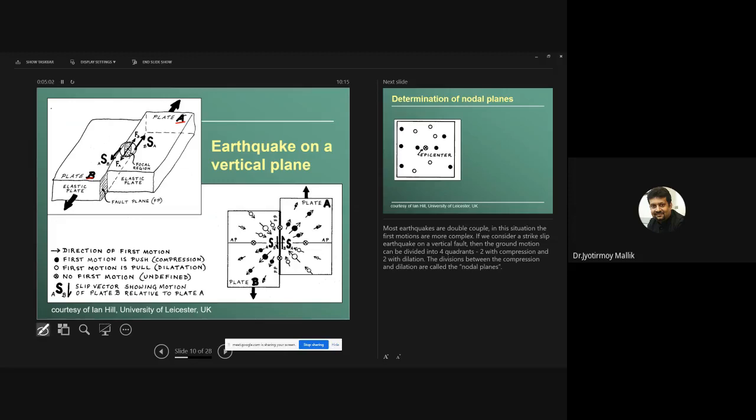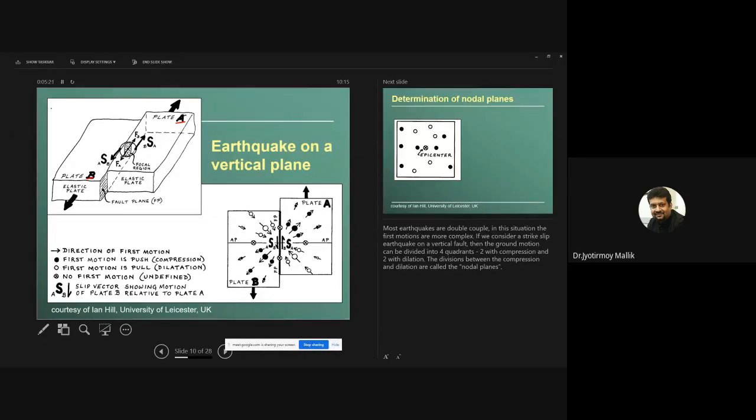What sort of motion is that? Can you tell me whether it is dextral or sinistral? Sinistral, simply because it's anti-clockwise movement.